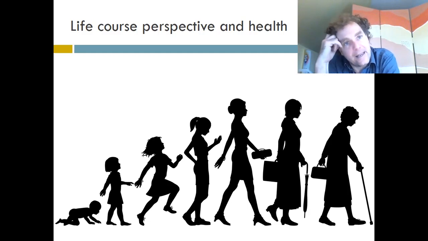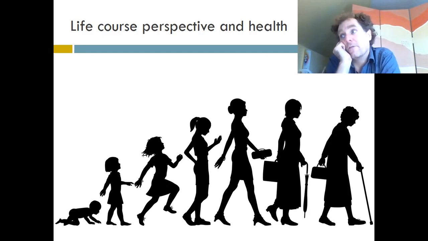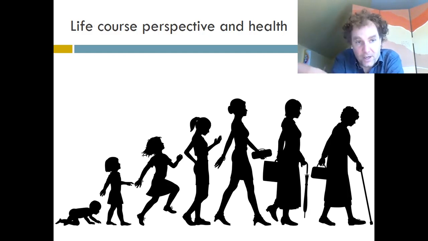Basically, a person at the higher end of the economic ladder will be able to live a life of good nutritious food, of exercise, of being able to go to the doctor, and this will over time mean that their body is kept in good condition, that their allostatic load is less.